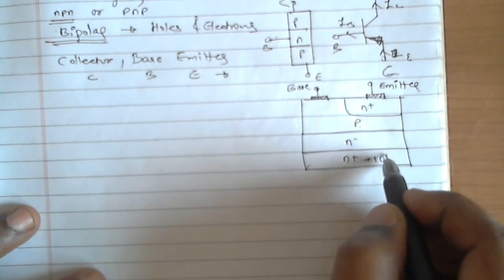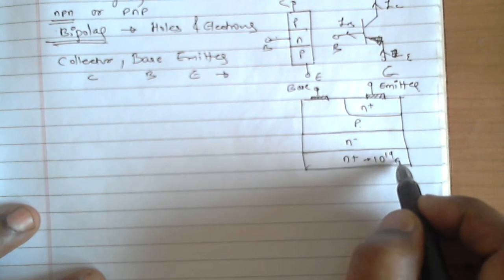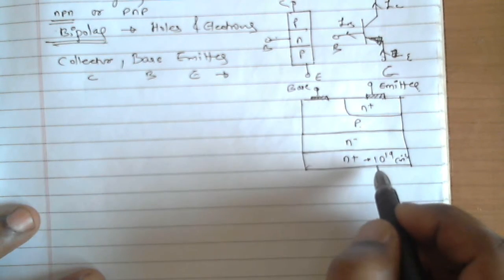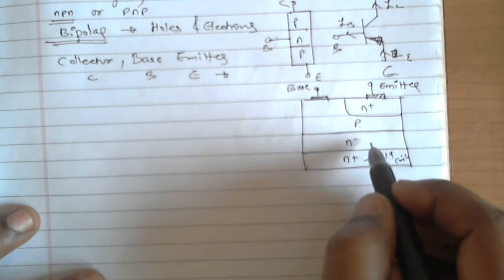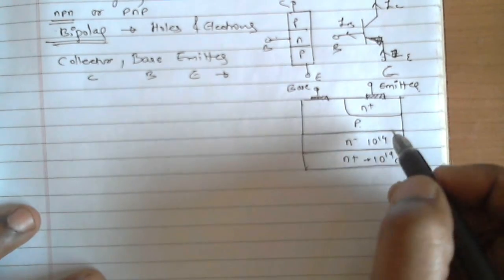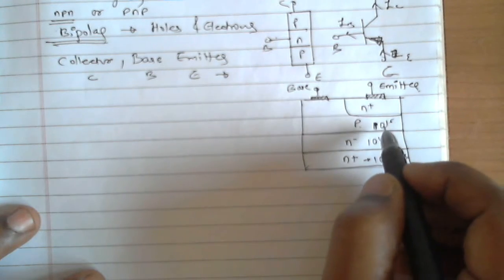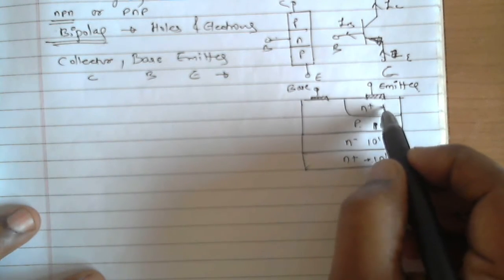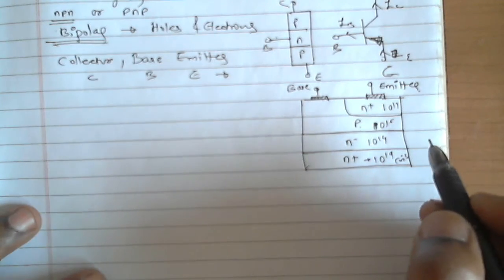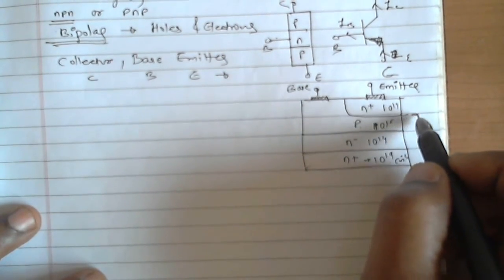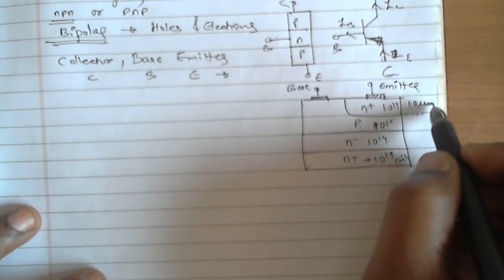Highly doped is 10 raised to 19 per cm cube. Lightly doped means 10 raised to 14. Normally doped means 10 raised to 16, as we saw in the last lecture. For the emitter the general thickness is around 10 micrometer.